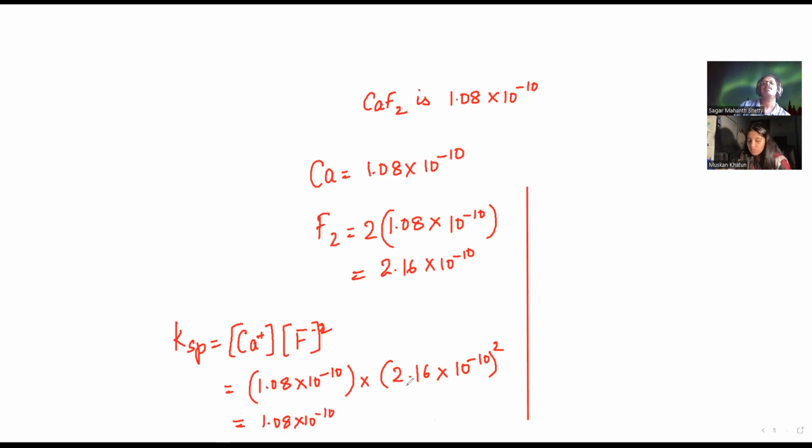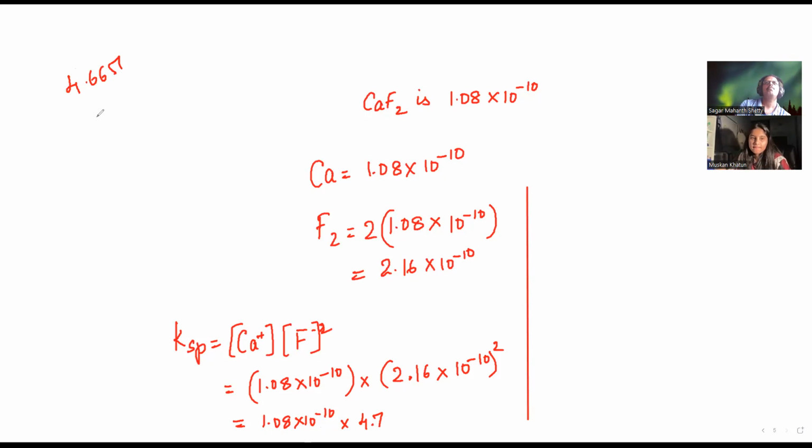So now you have to find out how much is 2.16 times 2.16. 2.16 times 2.16. Yes. 4.6656, so that would be 4.7 as well. You must be wondering how?